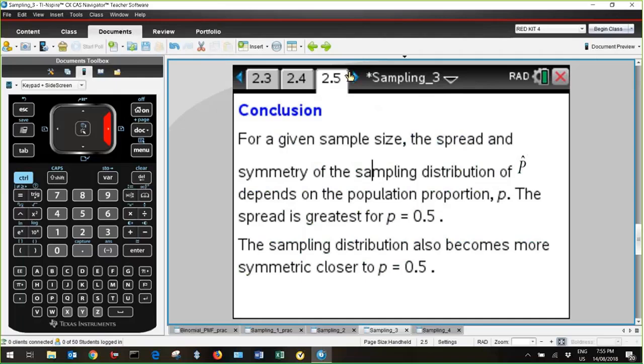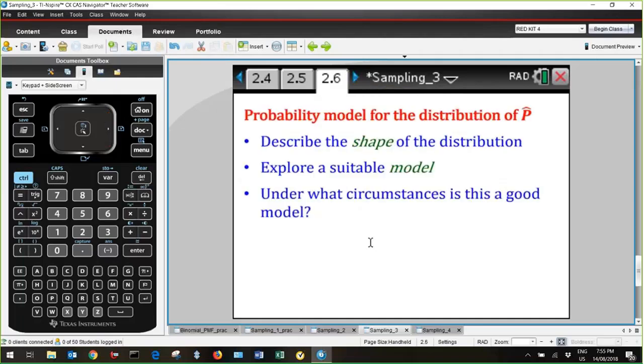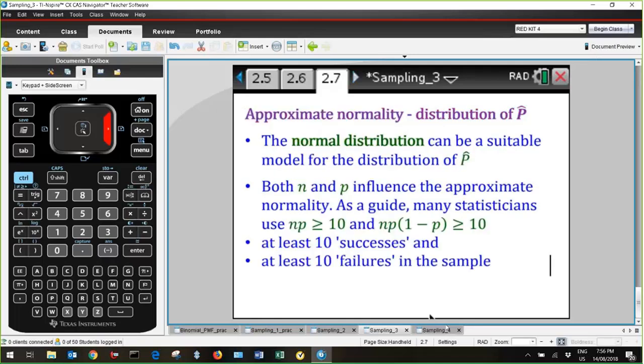Okay, so now we're going to have a probability model. We saw that the distribution can be modeled by the normal distribution when conditions are favorable. So the approximate normality, when is it valid to model with the normal distribution?